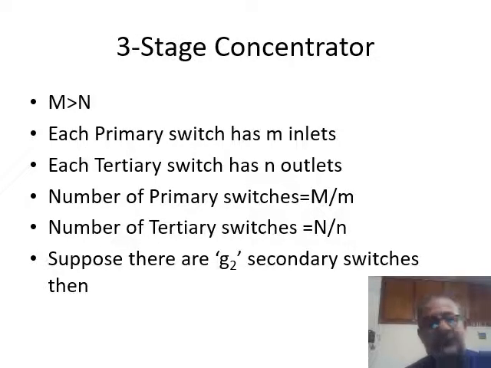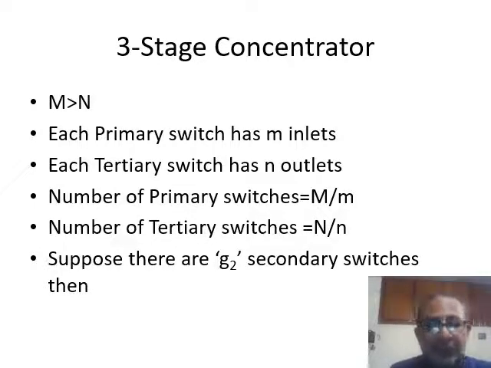Now let's see what would happen if we have a single stage concentrator. A concentrator is a switch in which the number of inlets is more than the number of outlets. Similarly, we have a three-stage network.